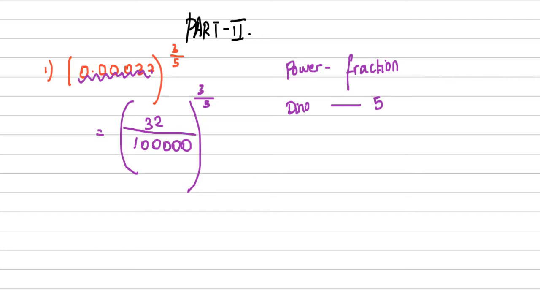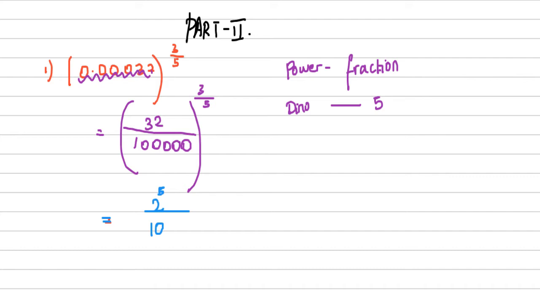We already know that 32 is nothing but 2 to the power 5. If you're not sure, you can go with the L division method that we discussed in the last class to find how you can represent a number as a power of something. Now, 2 to the power 5 divided by 1 followed by 5 zeros, and 1 followed by a number of zeros can be represented as 10 to the power number of zeros.